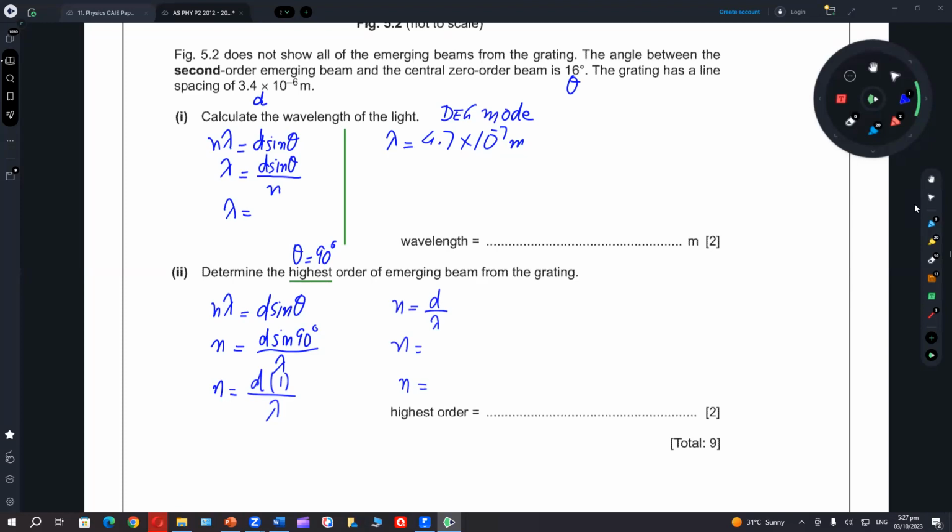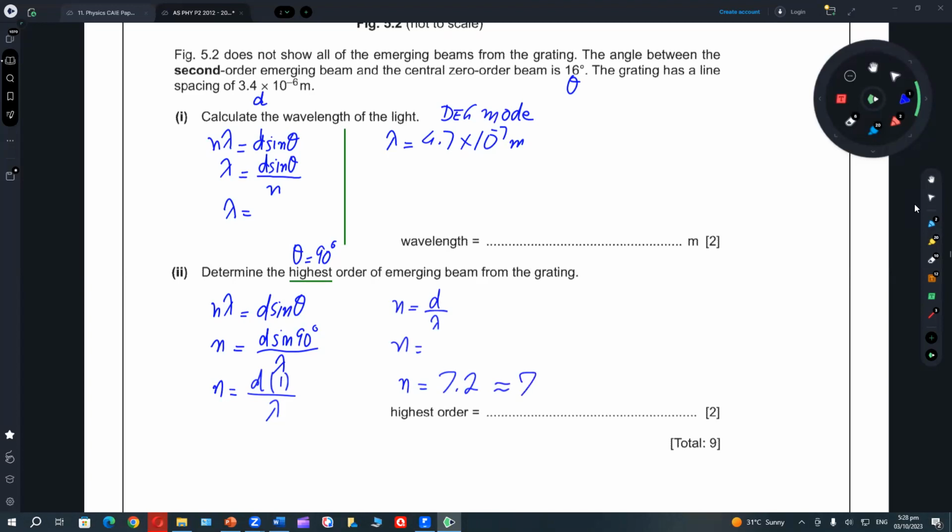It should be a count like 4, 5, 6. 7.2 is fine. Because it will be 3.4 times 10 to the power minus 6 divided by 4.7 times 10 to the power minus 7. When the power comes up, it will be positive. Yeah, okay, 7.2. Just 7.2. I think I made a mistake before. No, no. So it should be 7.